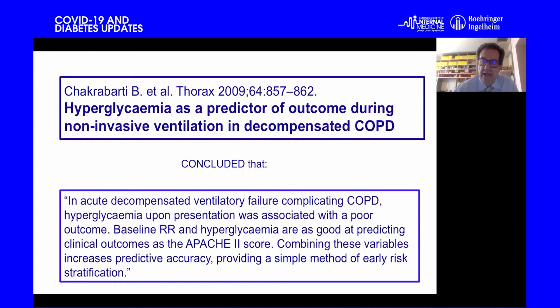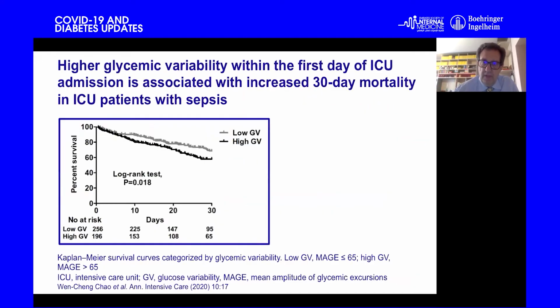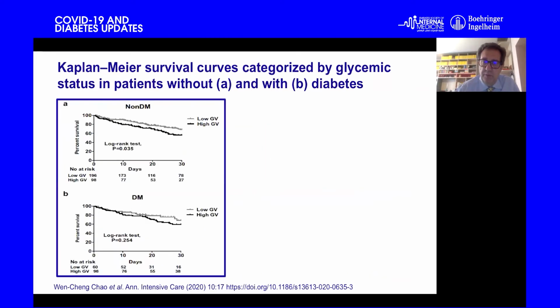So again, it was already recognized that high glucose level is worsening the prognosis in people with any acute disease. And also we knew that glucose variability can be very damaging for people admitted in ICU for sepsis. This is true in people with diabetes, and particularly in people without diabetes.